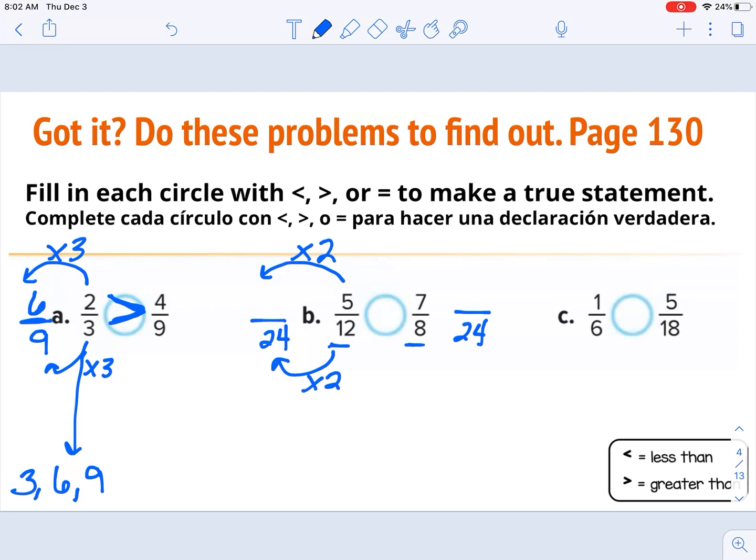And 5 times 2 is 10. To get from 8 to 24, I count 8, 16, 24. That's times 3 on the top and the bottom. And 7 times 3 is 21. Well, 21 is a lot bigger than 10, so I know that 21 is greater.